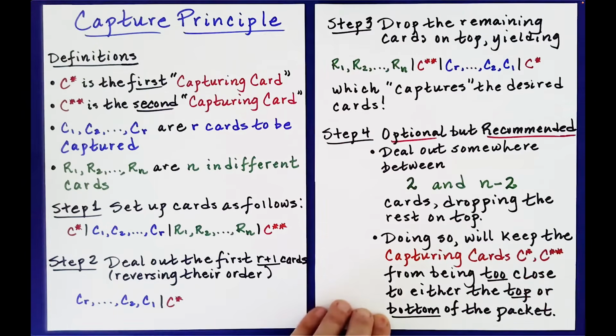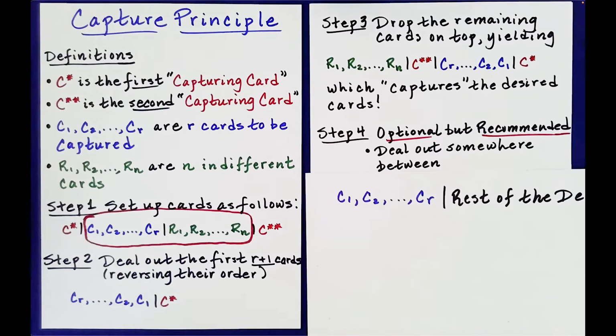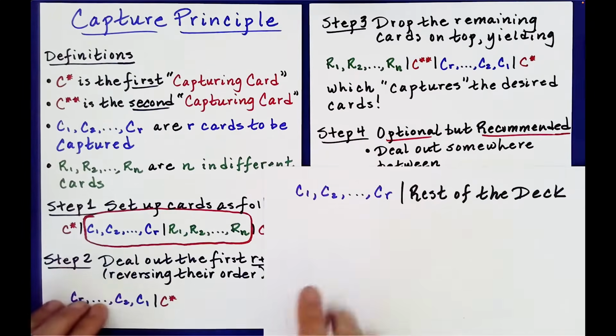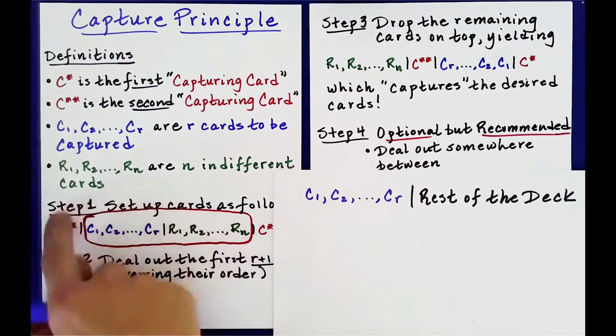They'll be kind of buried in the middle, which I think just has a better look to it at the very end. So that prevents the capturing cards from being too close to either the top or the bottom of the packet. Now, this is extremely important. This is not where we began the effect, okay?